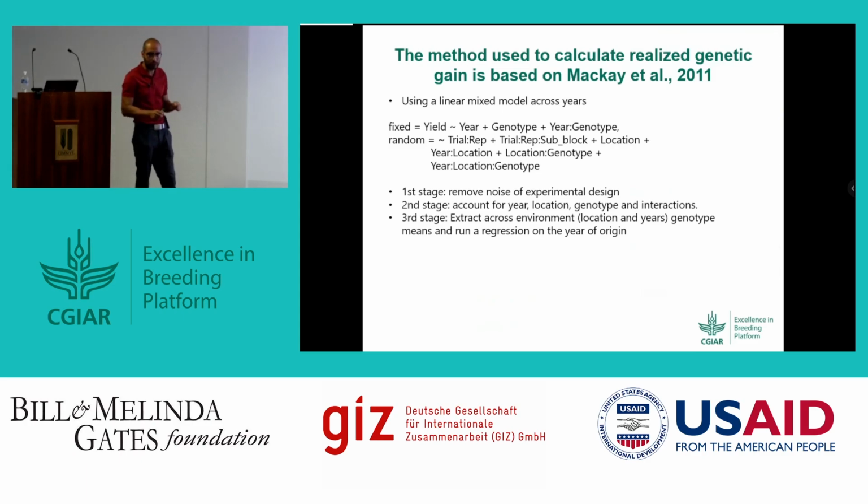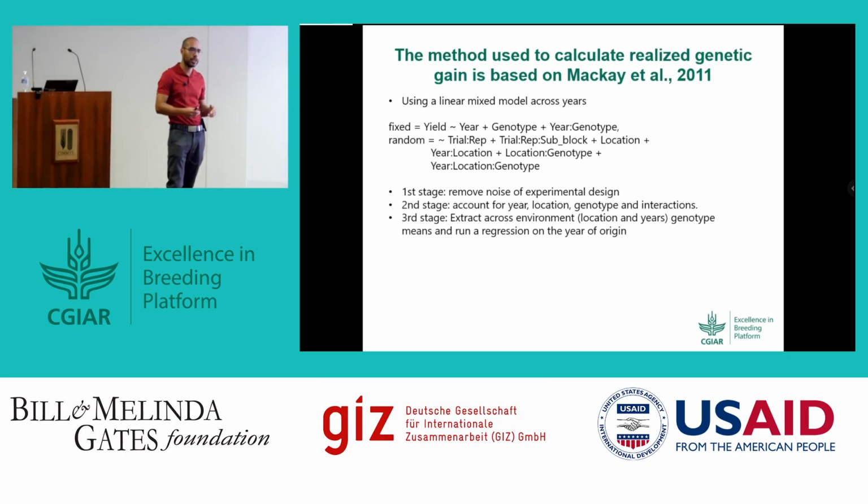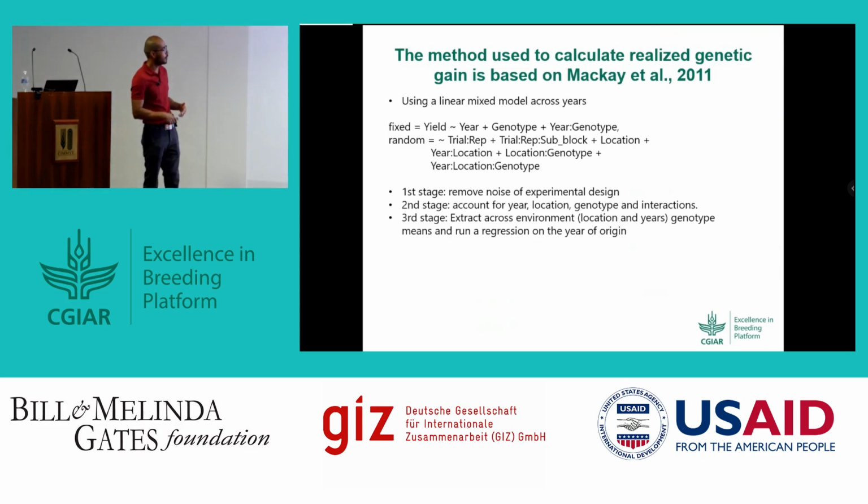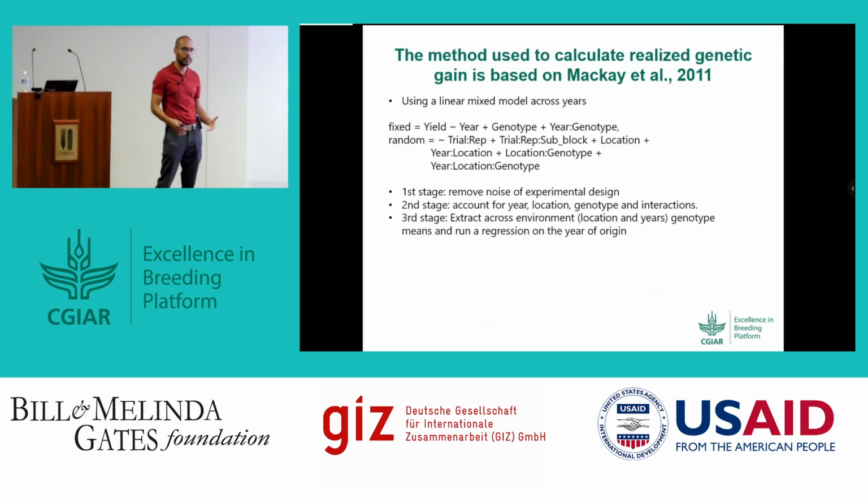We had more interactions, etc. We actually moved from the initial recommendation of making a one-stage analysis. We actually ended up saying, let's make things easier. Let's go for the two-stage analysis. Two-stage analysis when it comes to analyzing the multi-environmental, multi-year data. Three-stage analysis when it comes to really even calculating the genetic gain.